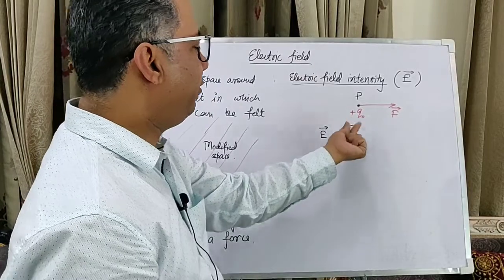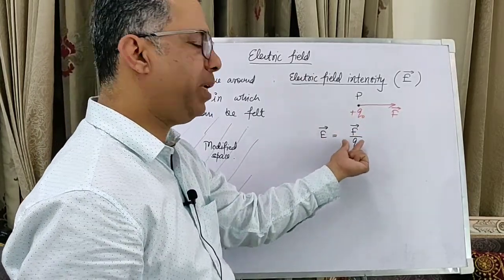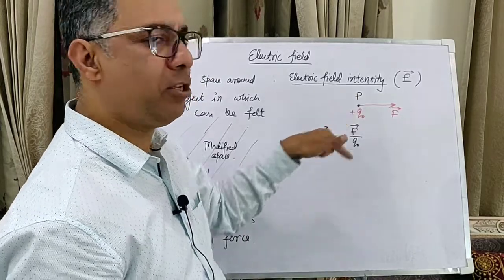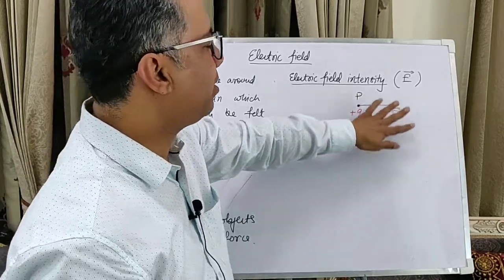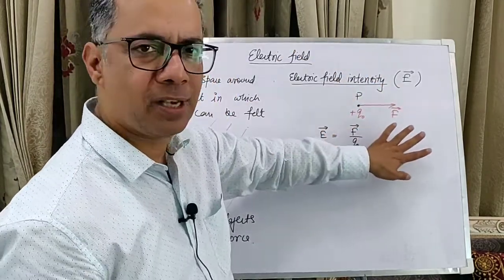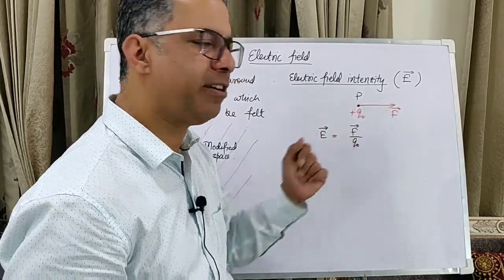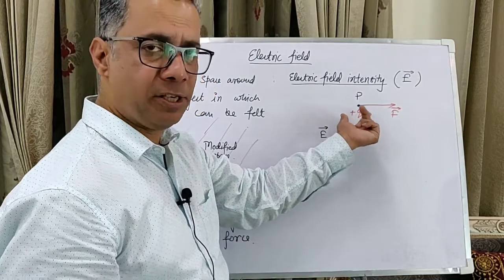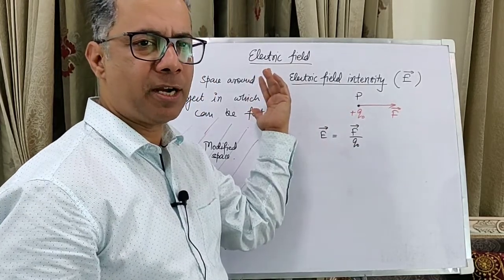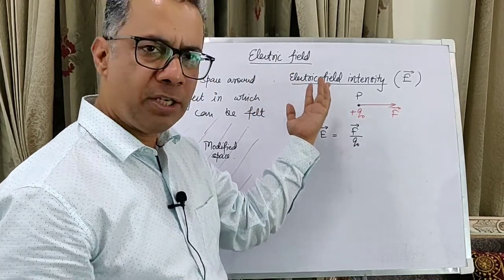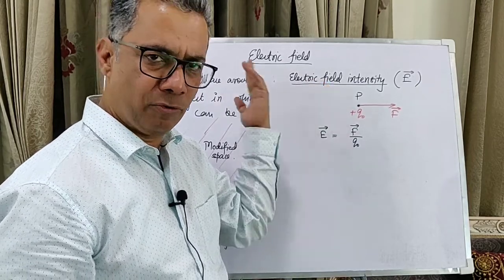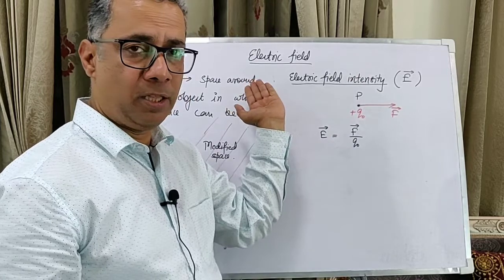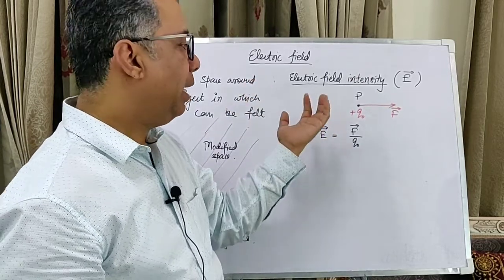Why is this not accurate? Because if this charge Q0 happens to be a fairly large charge, it might displace all the charges around it which are producing the electric field that we are measuring. If it's a large charge, it will exert large forces on surrounding charges, and those charges might actually move, or it might induce charges in the surrounding objects.